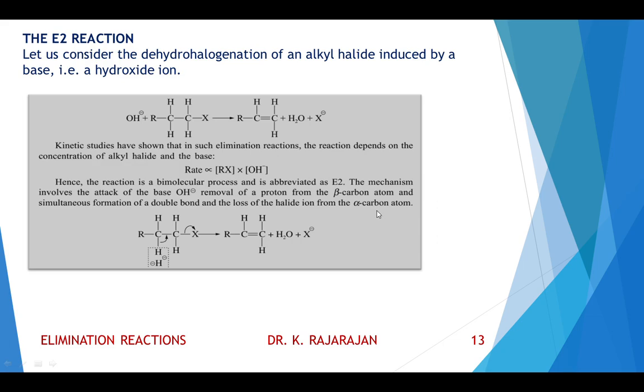Everything happens in a single step. And here you are having the substrate. So when the OH attacks, it removes the proton, a water molecule is removed, and an olefinic double bond is formed here.